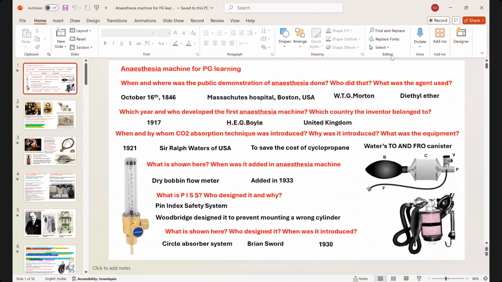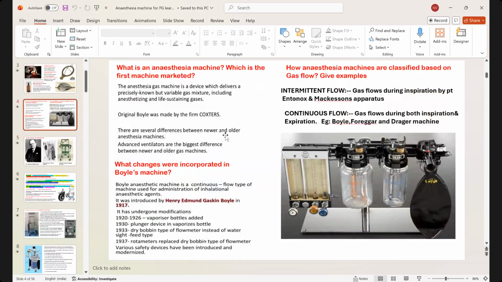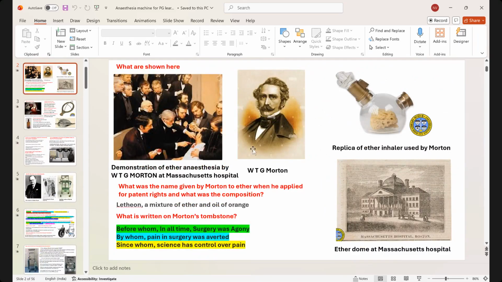So all of you may be remembering this is the history part which we saw. We saw about Morton and his inhaler, the ether dome, the first demonstration of ether anesthesia, all those things we saw.